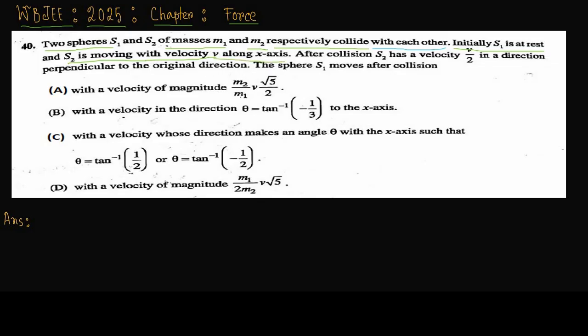After the collision, the sphere S2 has a velocity v by 2 in a direction perpendicular to the original direction.